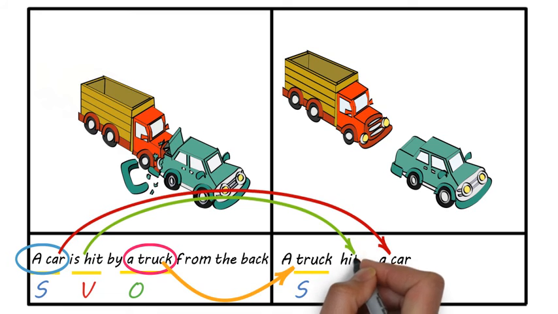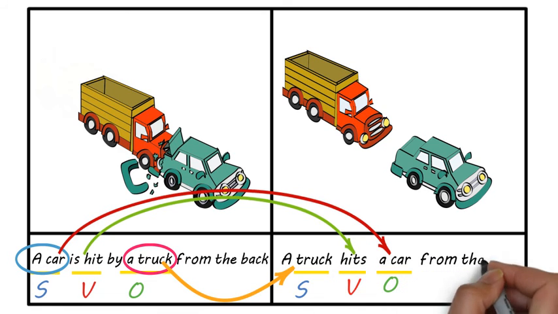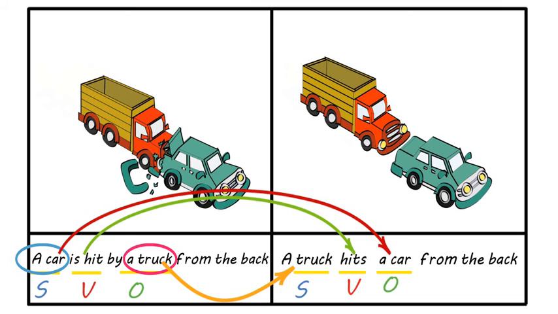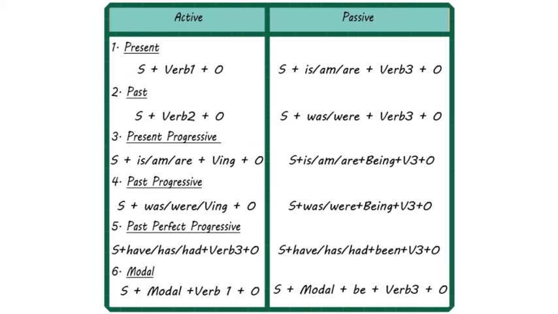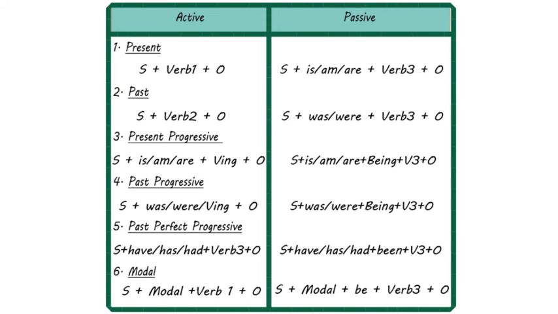A truck, subject, hits, verb, a car, object, from the back. What about active verb or passive verb in the sentence? Now have a look at variation of rule of verb tenses used in active and passive construction.